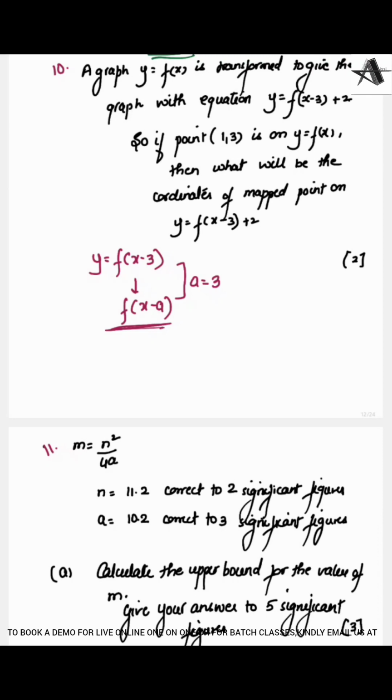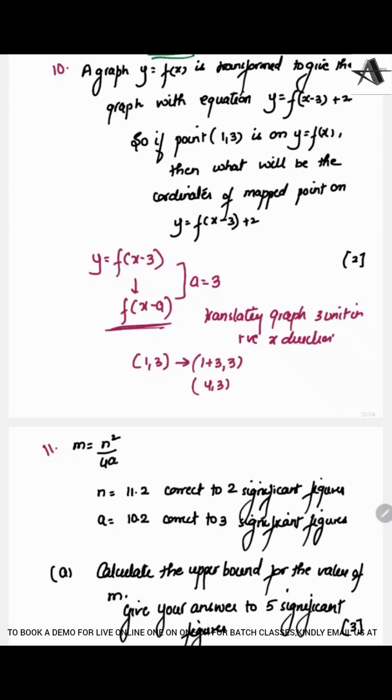So it represents translating the graph 3 units in the positive x direction. So point 1 comma 3 will become 1 plus 3 comma 3, that is 4 comma 3. The second thing is plus 2 is written. So if it's f(x) plus a, it means translation by a units in the y direction.